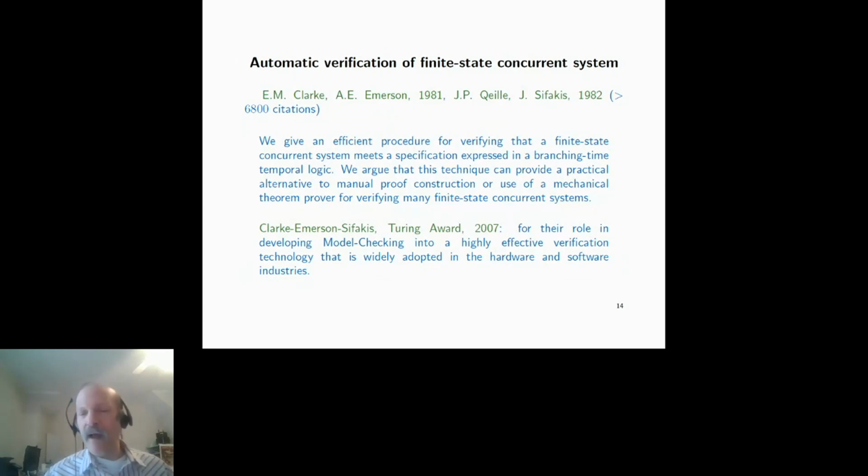On the one hand, it's only finite state, but now it's algorithmic verification, as some people say. It's not manual proof, it's not computer-aided proof, it's a completely computer-generated proof. And Clarke, Emerson, and Sifakis received the Turing Award in 2007 for model checking.